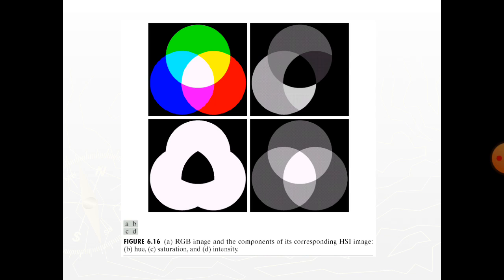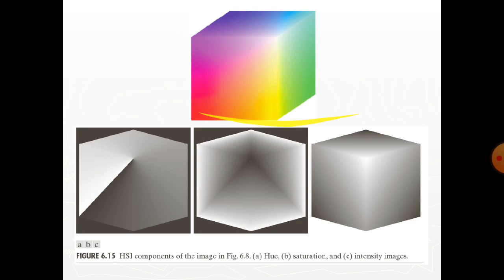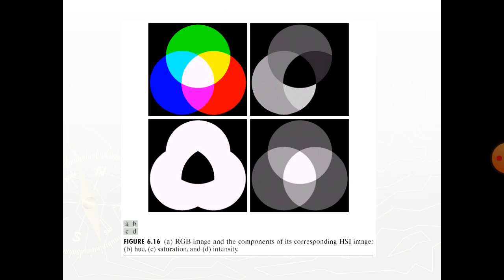Now, manipulating HSI component images. Figure A shows an image composed of the primary and secondary RGB colors. Figures B, C and D show the H, S and I components of this image.